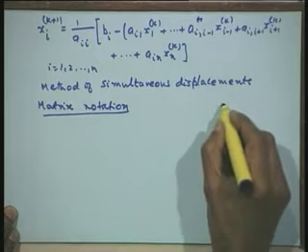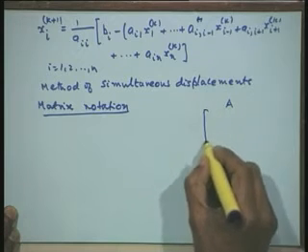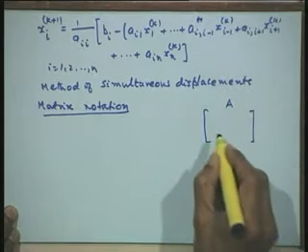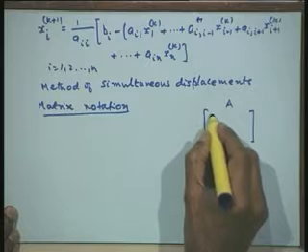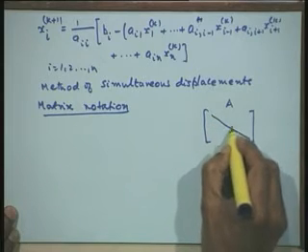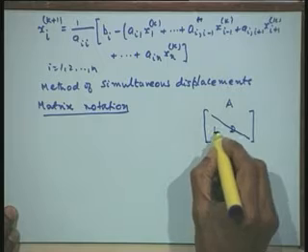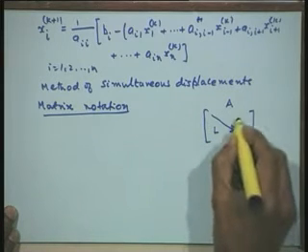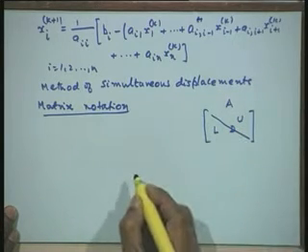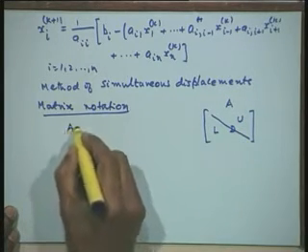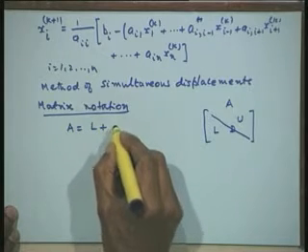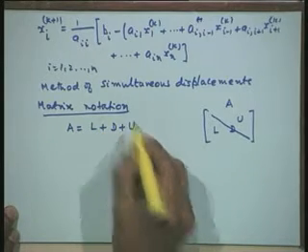The coefficient matrix A, I will write as the sum of 3 parts. The diagonal matrix I will call D, the strictly lower triangular part I will call L, and the strictly upper triangular part U. That means, I would like to write A is equal to L plus D plus U.